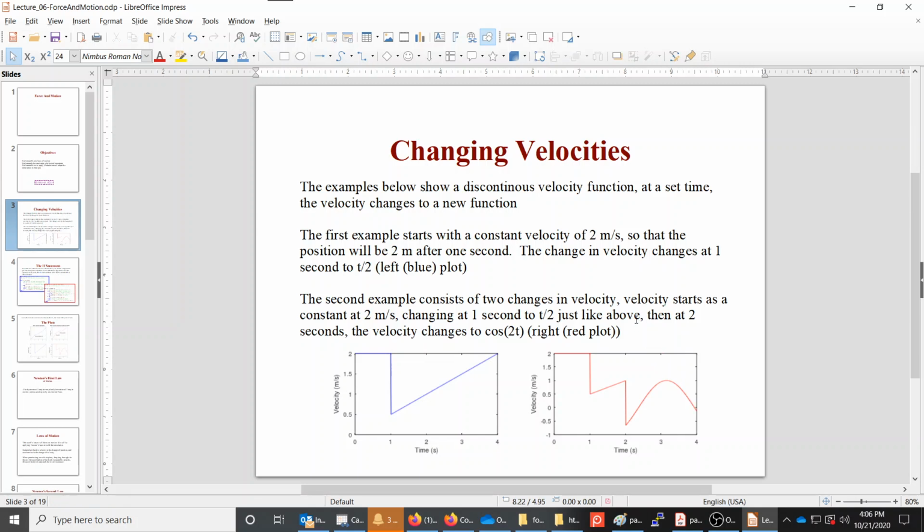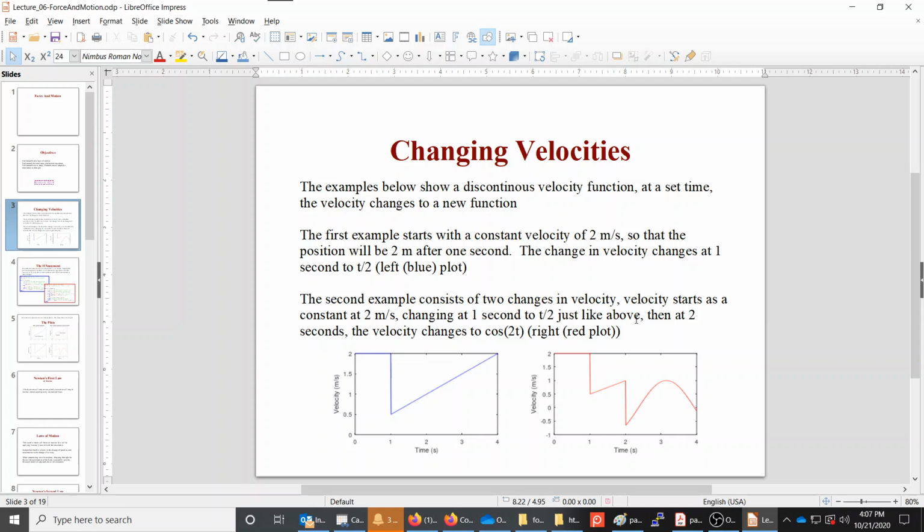Again, the point is that we don't necessarily know exactly what the velocity is going to be, but we do know that, due to a certain occurrence, the change happens, and in this case we know when the occurrence happens.